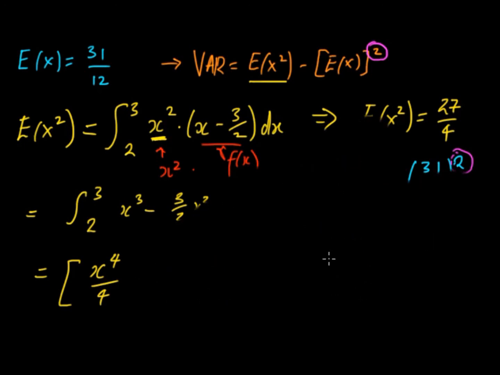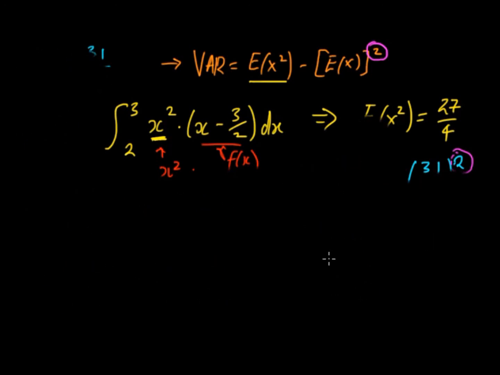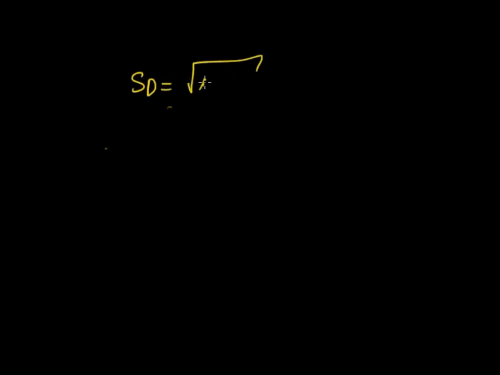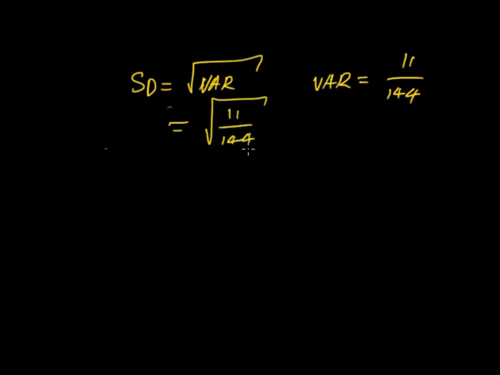So now we know the variance, we can just square root that, and we can easily find the standard deviation. We can say that the standard deviation is equal to the square root of the variance. Now we know that the variance was equal to 11 on 144. Then the square root of 11 on 144 is equal to the square root of 11 over the square root of 144, which is 12.